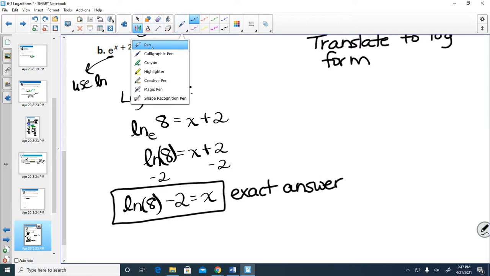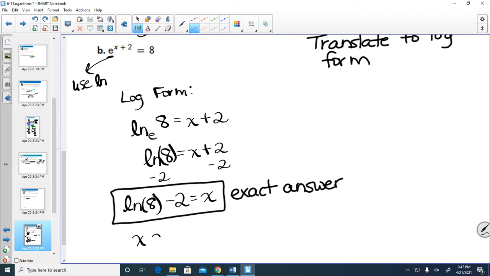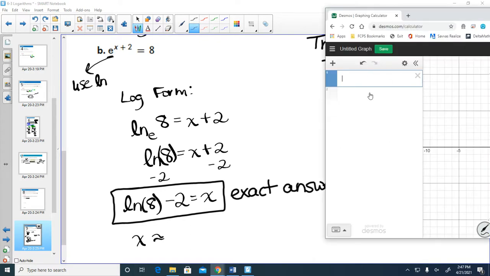Sometimes you'll have to enter your exact answer. If I want the decimal approximation, I'll just grab Desmos and type in the natural log of 8. You'll see there's no parentheses here, so I want to put parentheses around the 8 and then subtract 2.